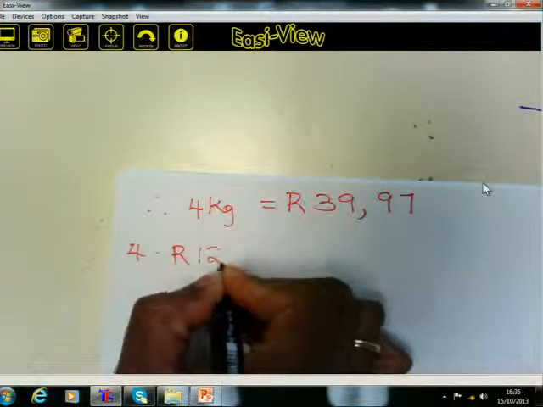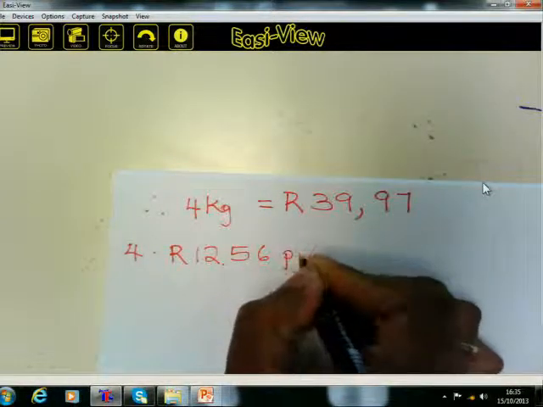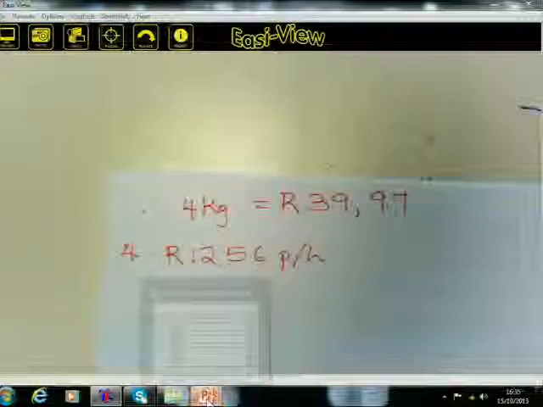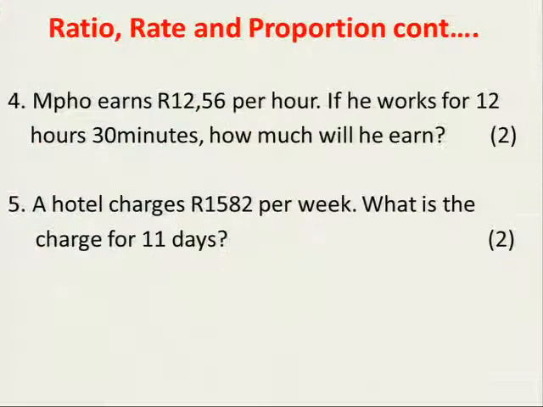Your rate is 12 Rand 56 cents per hour. So now, let's go back to the question. Mpo earns 12 Rand 56 cents per hour. If he works for 12 hours 30 minutes, how much will he earn?